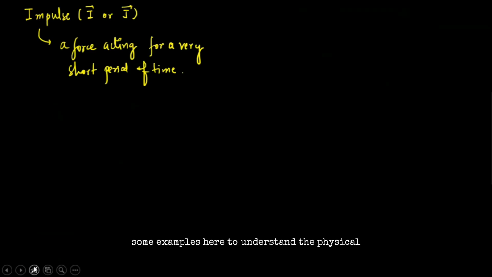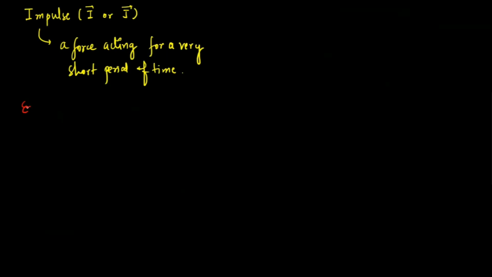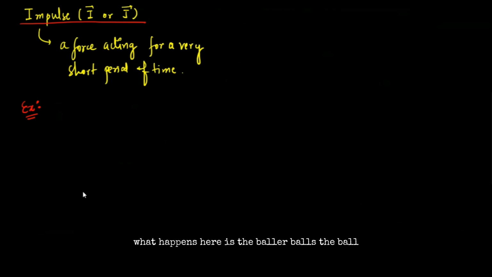Let me give you some examples to understand the physical importance of this particular term. Just assume there is a player playing cricket. The bowler bowls the ball and the batsman hits the ball. When the batsman hits the ball, the batsman applies force on the object for a very short period of time.